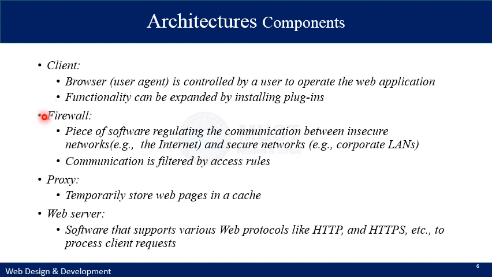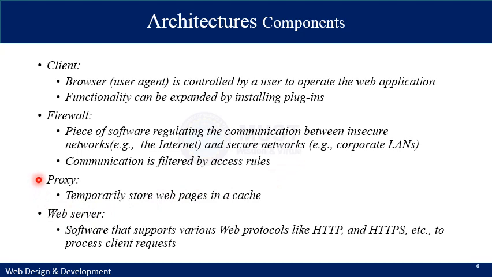Another component is a firewall that provides secure communication from an insecure network to a secure network, regulating the communication between the internet and the corporate local area networks. Communication is often filtered by access rules.